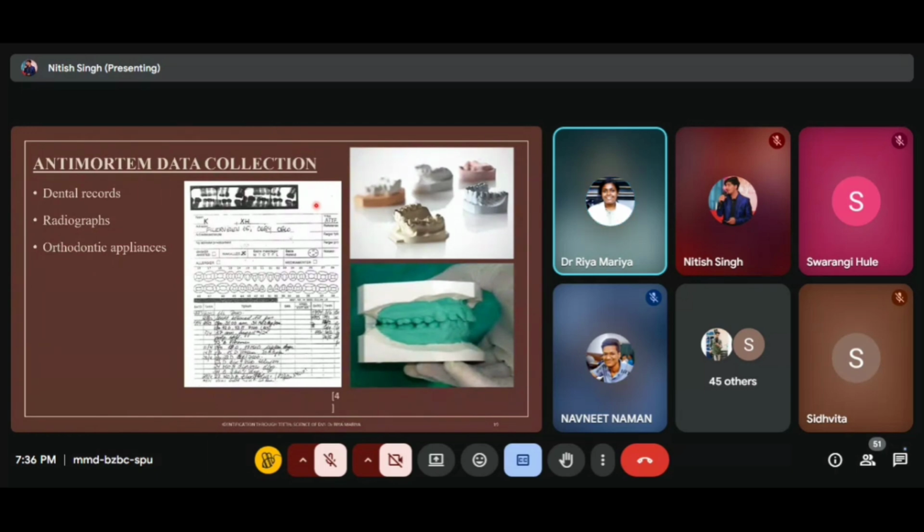If we do a dental alignment treatment, that is known as orthodontic treatment. The dentist has the study cast and models with them. So that will be very much useful for identification purposes. The third picture is also about the dental cast. If anyone has visited a dental clinic for treatment, they might have seen this dental cast.